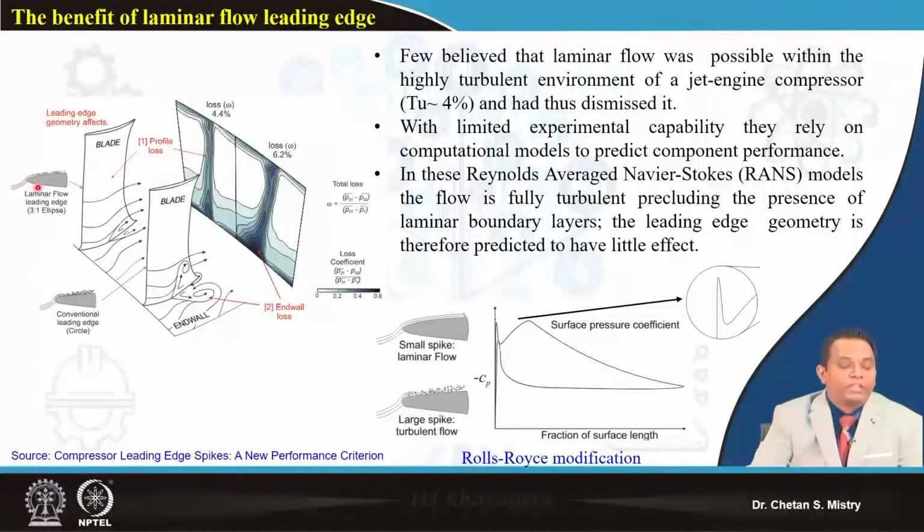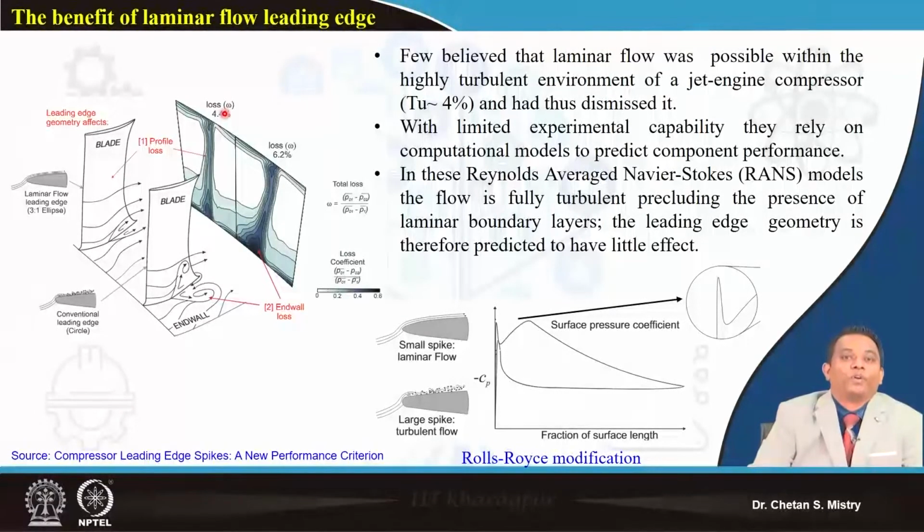It says my flow behaves nicely near the suction surface, and that leads to reduced or minimized end wall losses. So the losses near the hub region are going to reduce, and it says it is possible to reduce the loss from 6.2% to 4.4%.